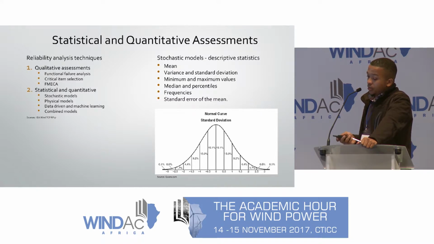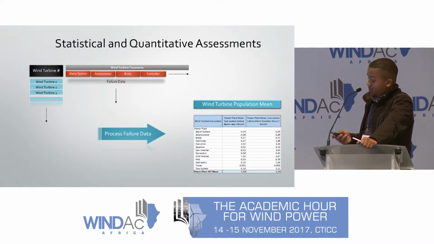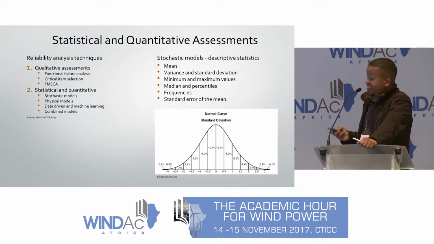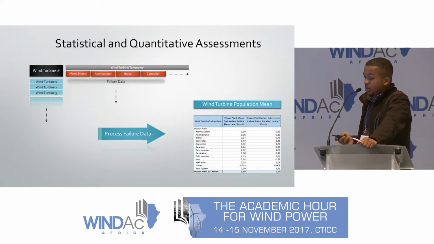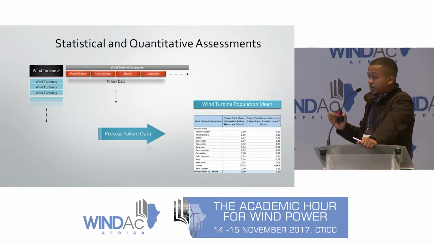There are other models, which may be qualitative assessments or statistical and quantitative assessments, but we mainly focused on performing statistical non-parametric assessments. This is just a basic representation of how the data was sorted in order to reach the desired objective of analyzing the wind turbine subsystem failure.